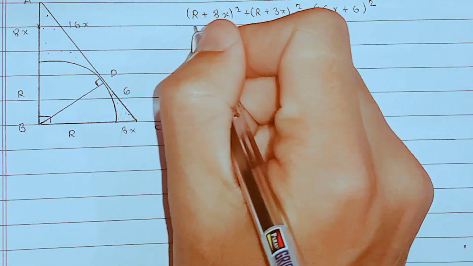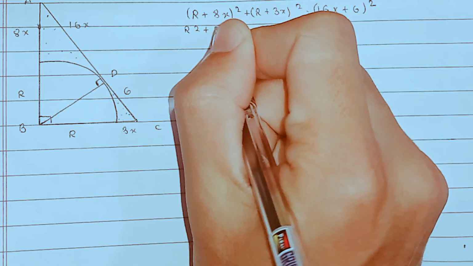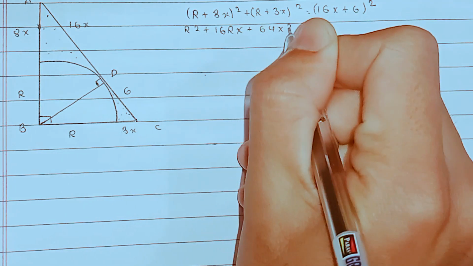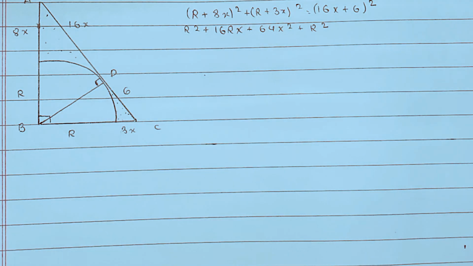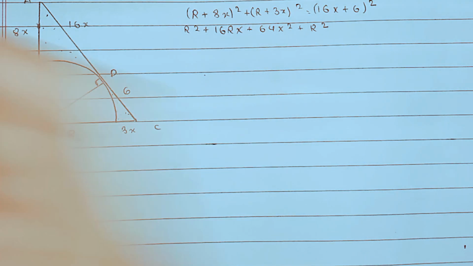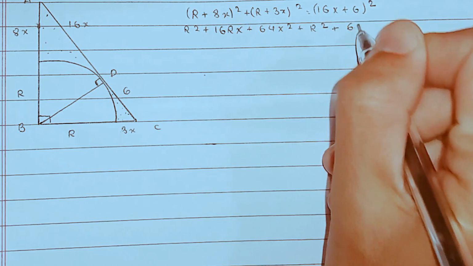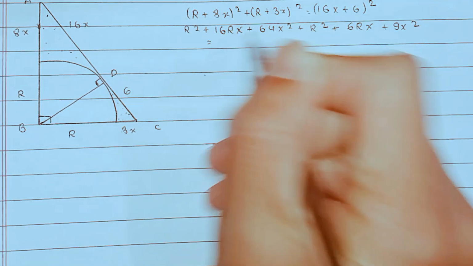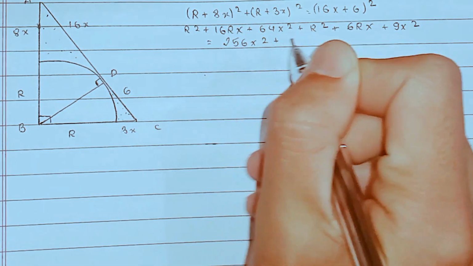So we have r square plus 16rx plus 64x square plus r square plus 6rx plus 9x square is equal to 256x square plus 192x plus 36.